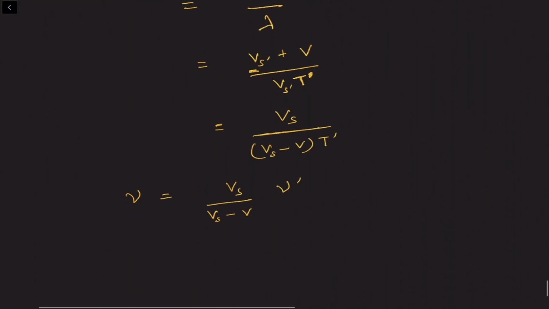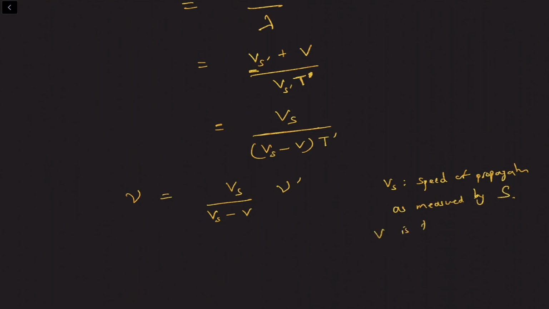Okay, so Vs is the speed of propagation as measured by the observer S, or in the frame S, and V is the relative speed of the source.